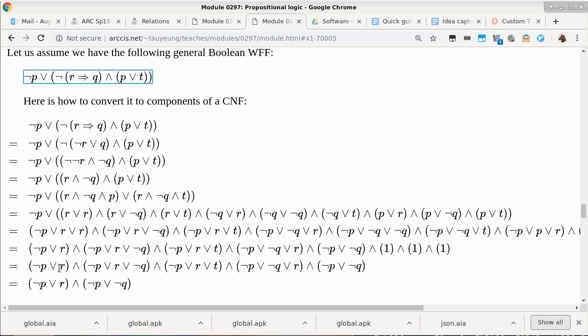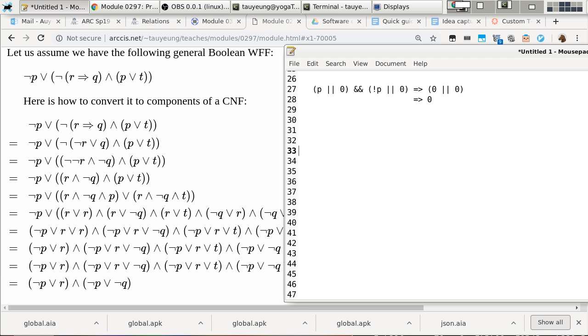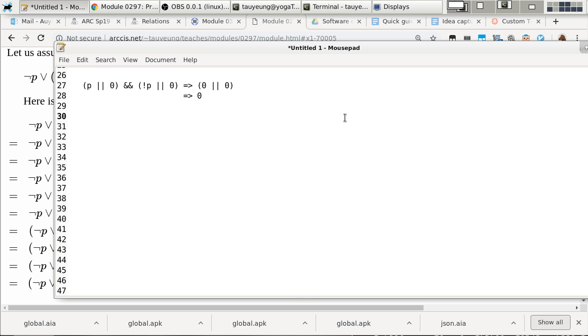But still, the or R is somehow gone. This one has to do with this one here. Is it more general? Do you mean not P or R is more general than not P or R or not Q? Yes. So let me make it more general, to show how that simplification works.